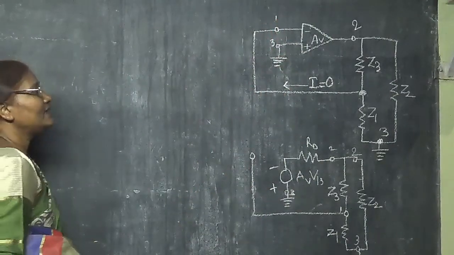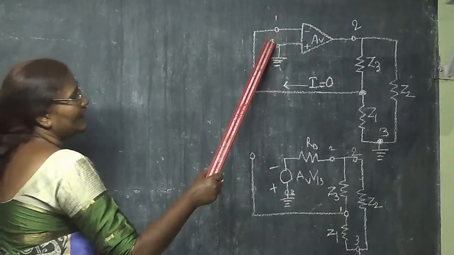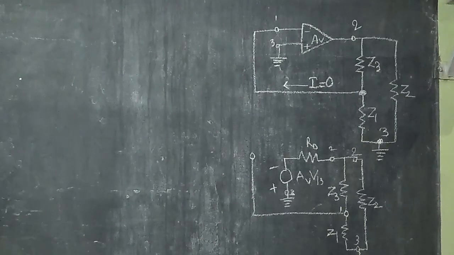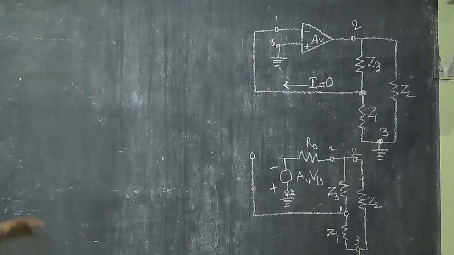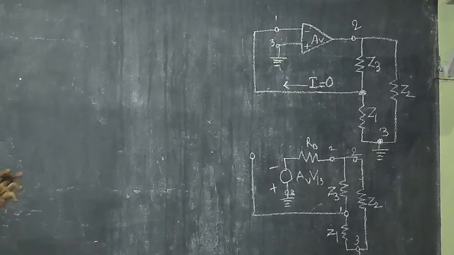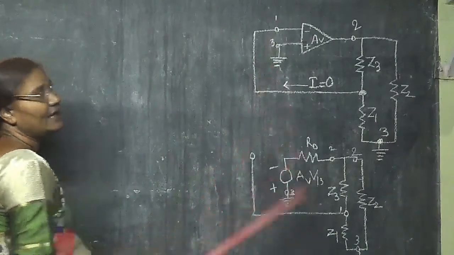The main advantage is that the input impedance of FET and op-amp is very high. It is in the range of mega ohms in the FET, and the input impedance is infinity for an ideal op-amp. That we have to learn.